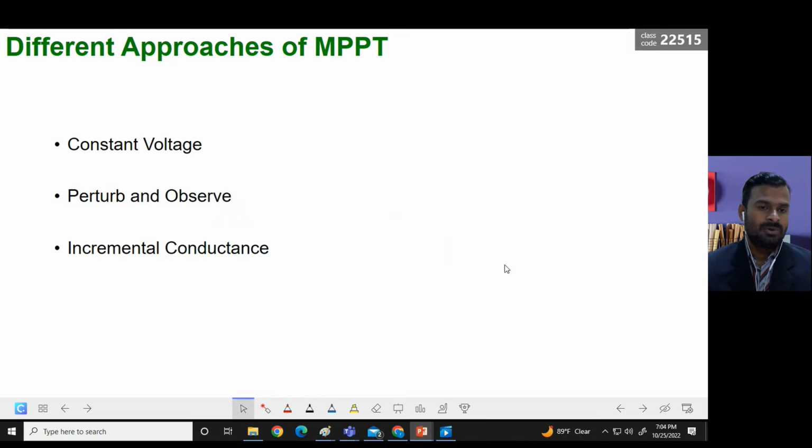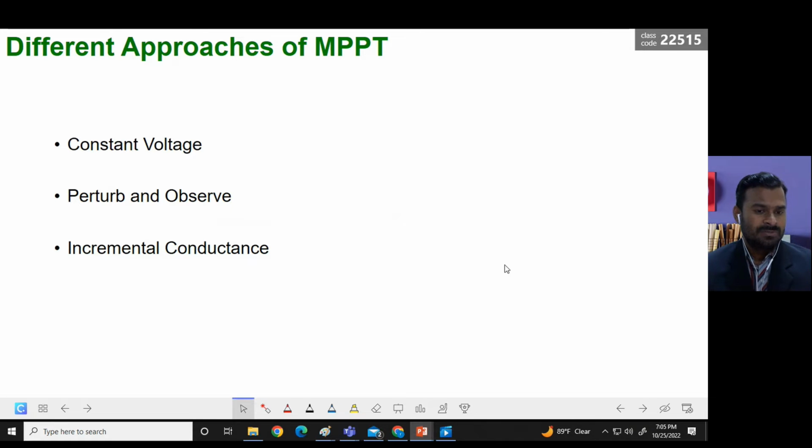So we have different approaches for the MPPT. We have a constant voltage approach, then the perturb and observe approach, then the incremental conductance approach. The constant voltage approach is the old method which was used earlier, and it is very simple and economically good.